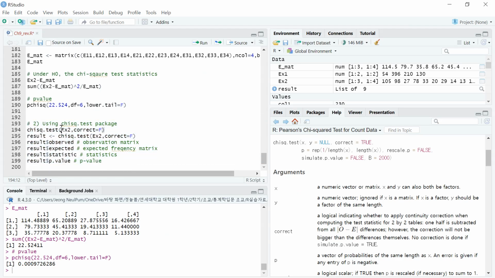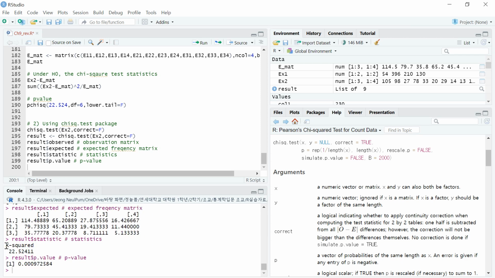Again, if we use the chi-square test function, you can also get the observation, expected frequency, statistic, and p-value as the same thing.